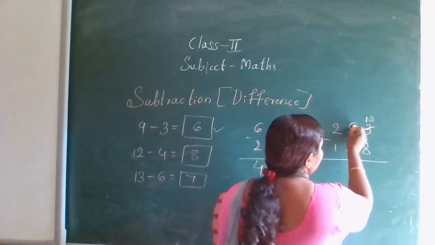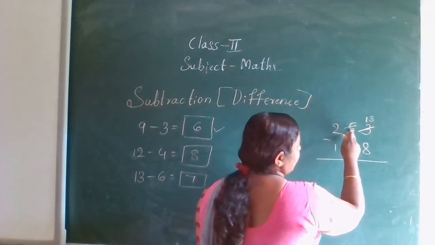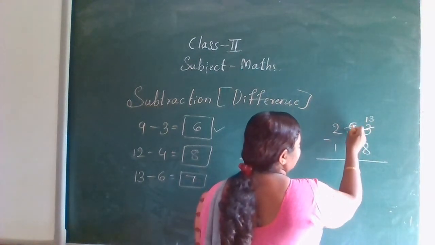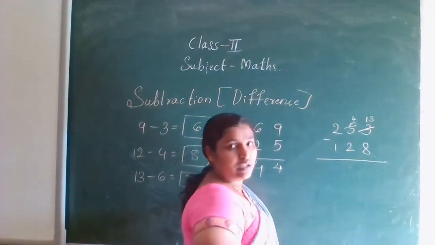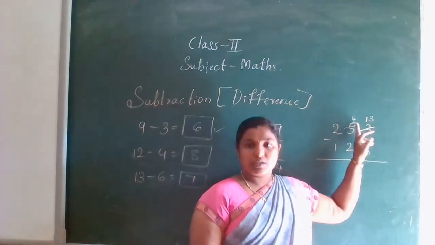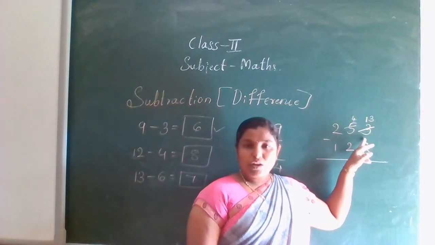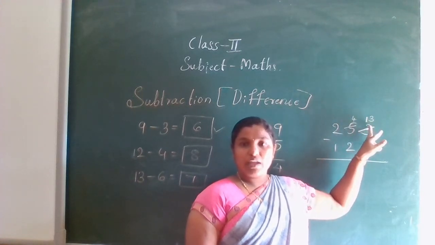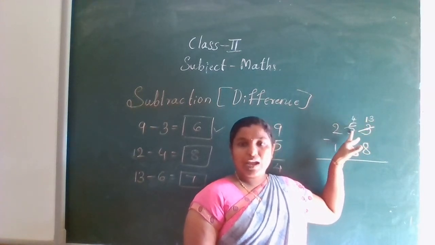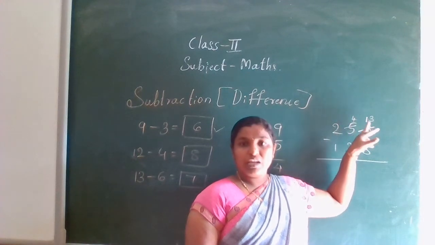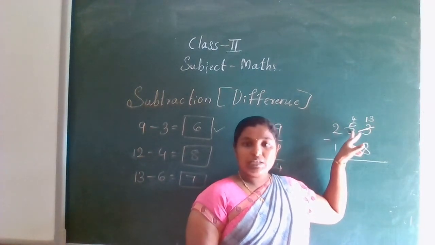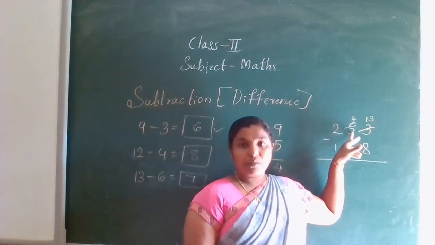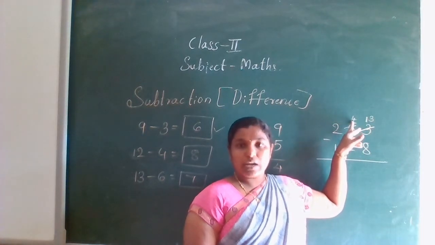So if I give 1 from the 5 here, how much will remain? 4 will remain. This thing you should write first. Put the line on 3, write 3 as it is up, take 1 from the 5, write that 1 here. And when we give the 1 from 5 to this side, what does 5 become? It should reduce by 1, no? 5 minus 1, 4 you should write down.